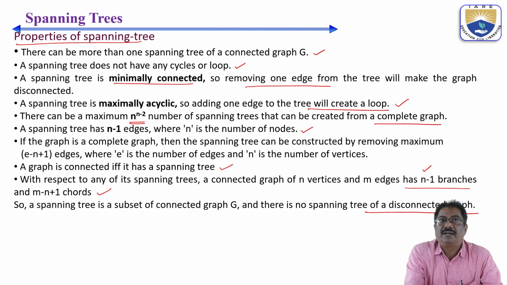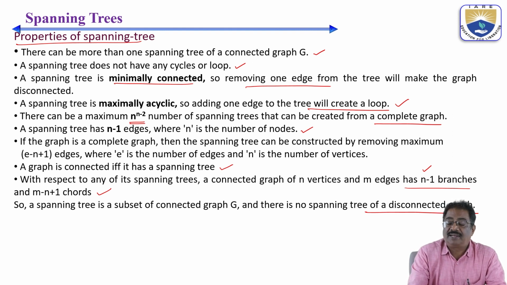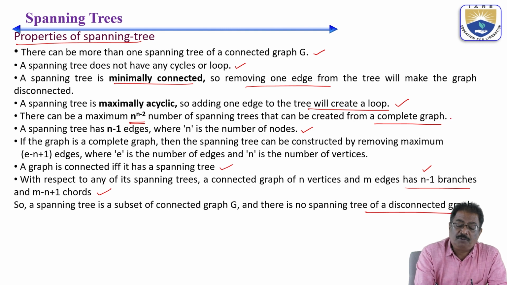And for any complete graph with n vertices, there are n to the power of n minus 2 spanning trees. Suppose a complete graph with 3 vertices, then 3 to the power of 3 minus 2, that is 3 spanning trees, are going to be possible. Let us discuss this.